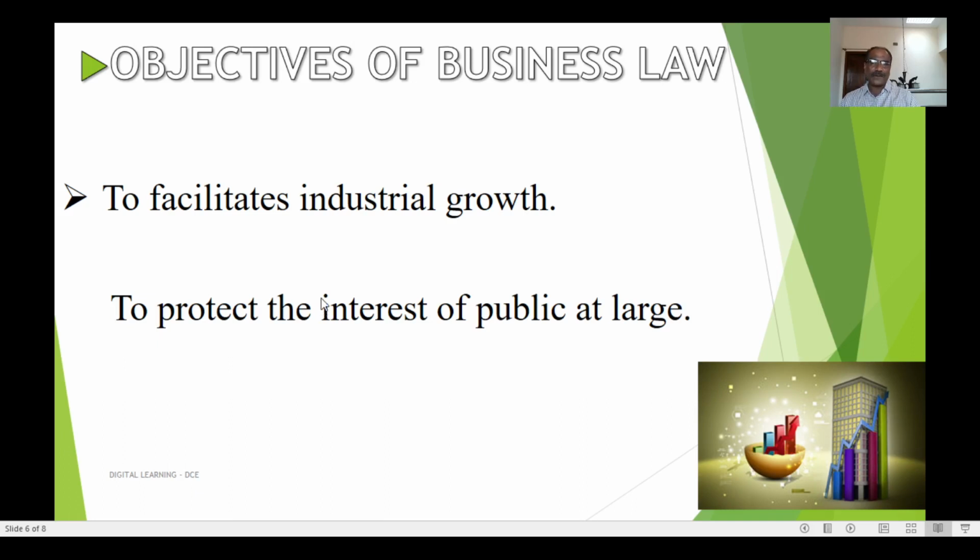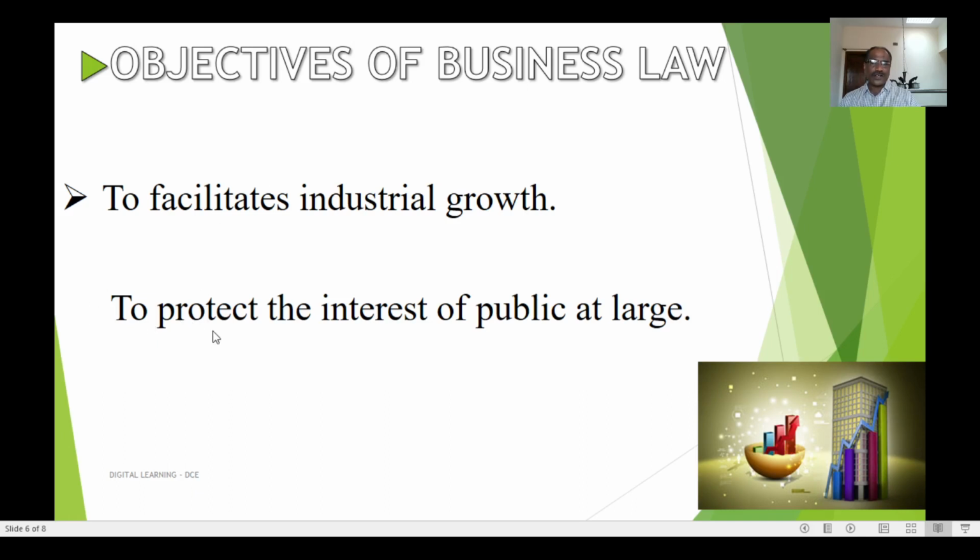If it happens, it can be overcome with the help of the law relating to different acts, for example the Consumer Protection Act, etc. There are some acts which are applicable to businesses, and with the help of all these laws the public can obtain the benefit or justice from any loss occurring to the public. So therefore it protects the interest of the public at large.